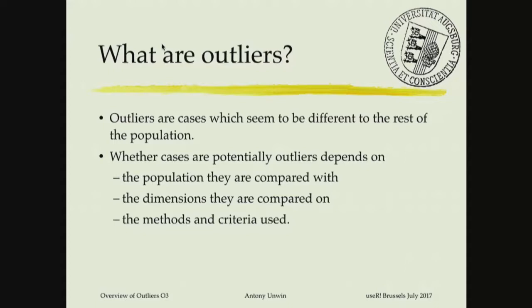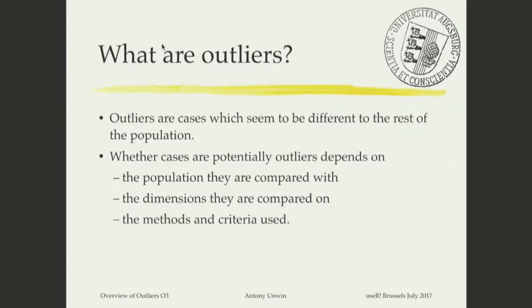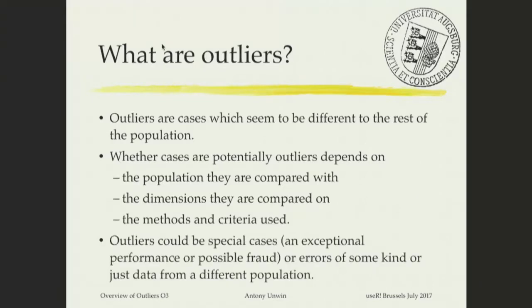I mean, maybe if we had Isaiah Thomas here and we compared him with the rest of us on the number of tattoos and the amount he earns and various other things, he would certainly be an outlier. But perhaps we talk a lot about outliers and populations, not so much on outliers and dimensions, which is something I want to come to, and obviously the outlier methods you use.